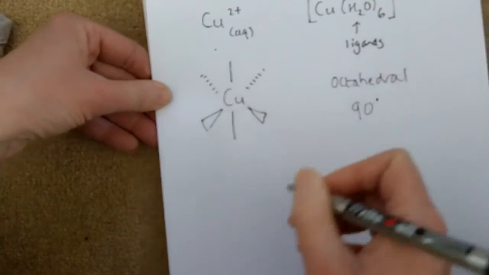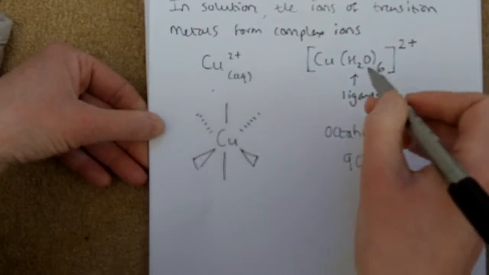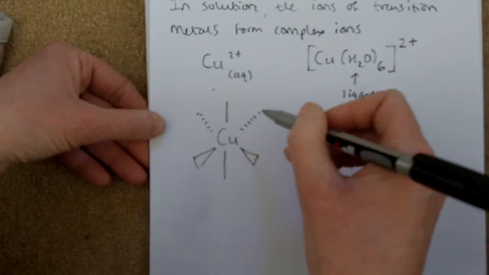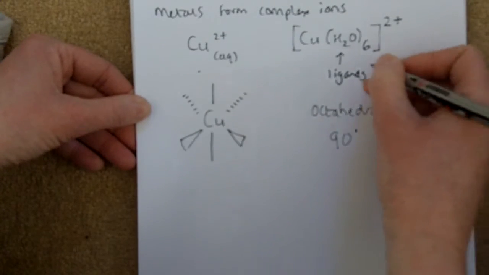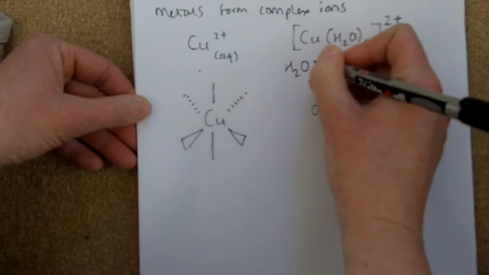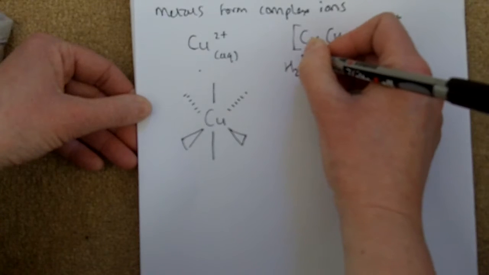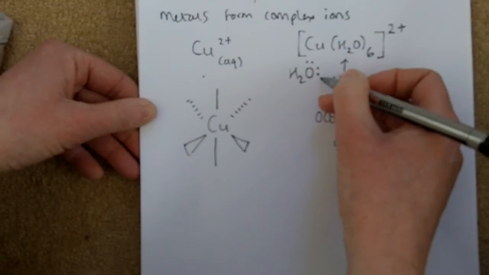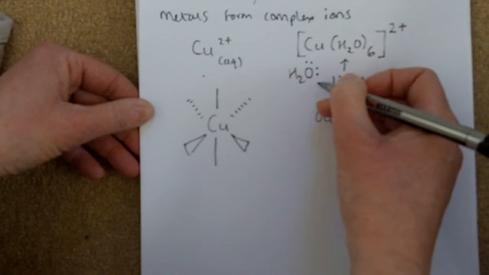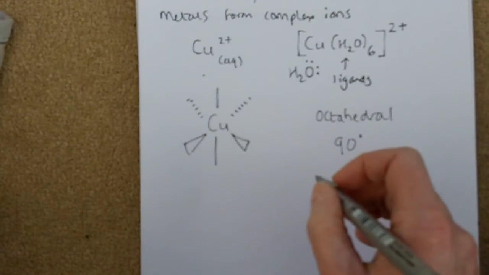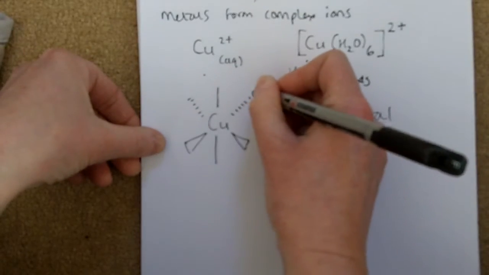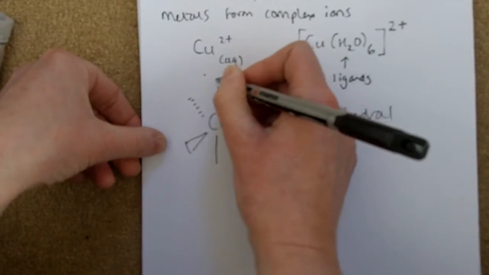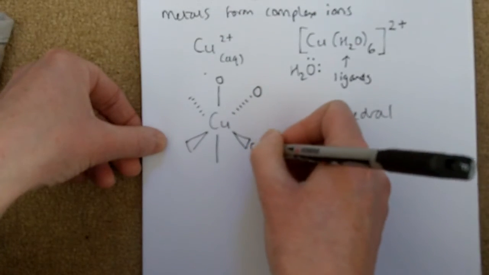90 degrees. Okay, so the water molecules are bonded to the copper, and what happens is the water molecule has got a lone pair of electrons. Well, actually 2 lone pairs of electrons. And the lone pair of electrons is donated to the transition metal ion. So it's the oxygen from the water that is bonded to the transition metal ion.